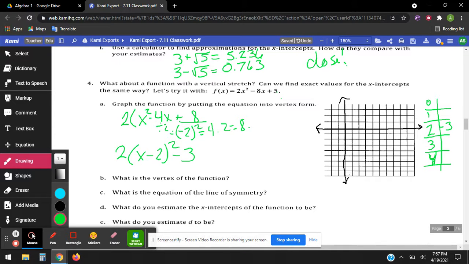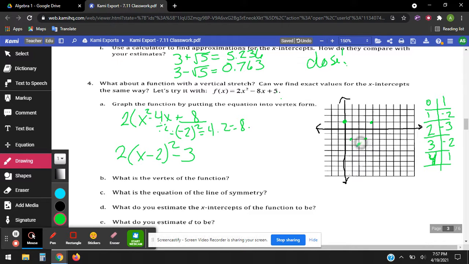So 3 minus 2 is 1, 1 squared is 1, minus 3 is negative 2. 4 minus 2 is 2, 2 squared is 4, 4 minus 3 is 1. So that gets us across. Nothing exact though. So 0, 1, 1, negative 2, 2, negative 3, and back up.